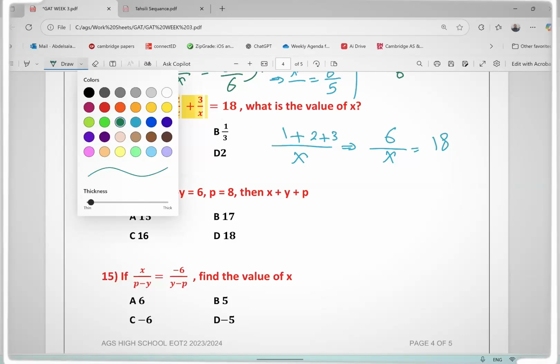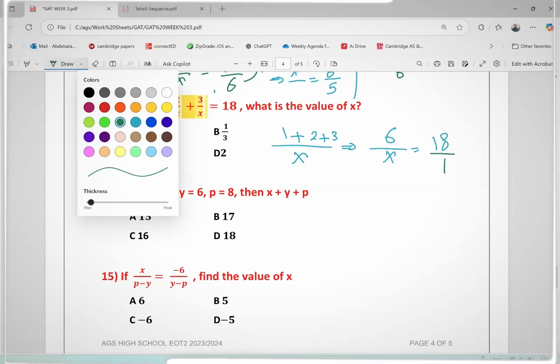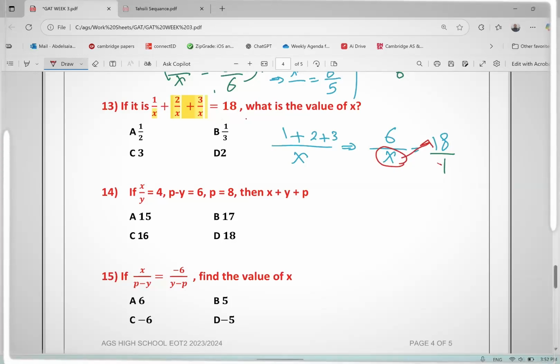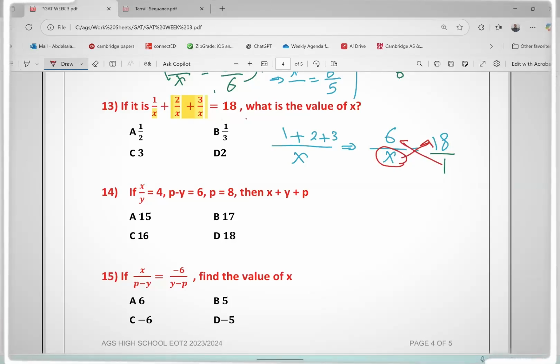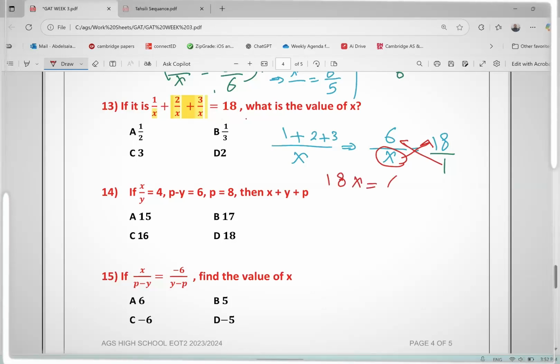Can I solve this equation? Yes. Write here 1 and use cross multiplication. I'm going to multiply here by here and here by here, which means x times 18 will be 18x equals 6 times 1 will be 6.